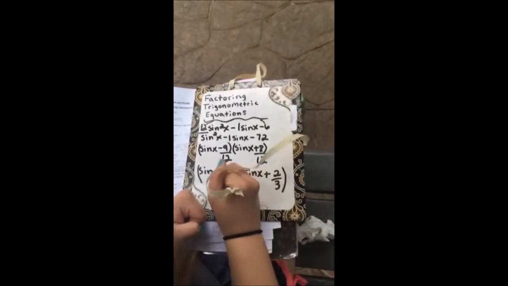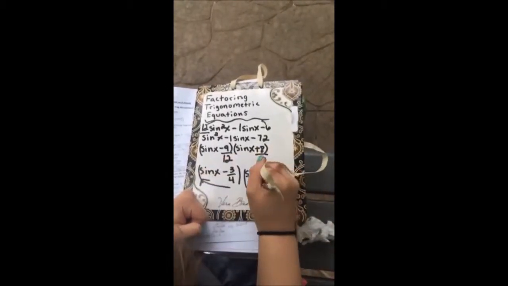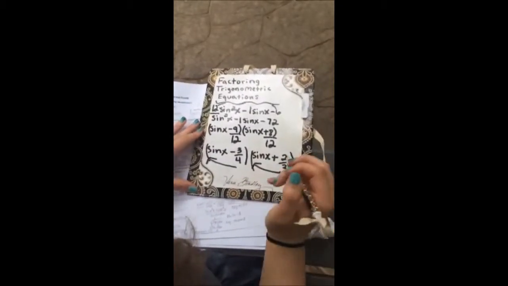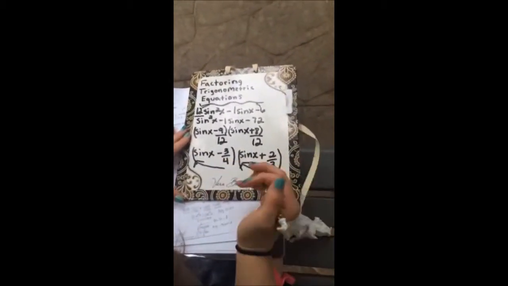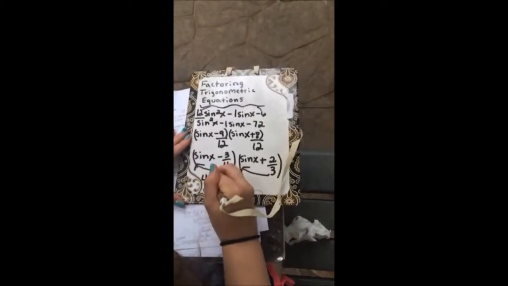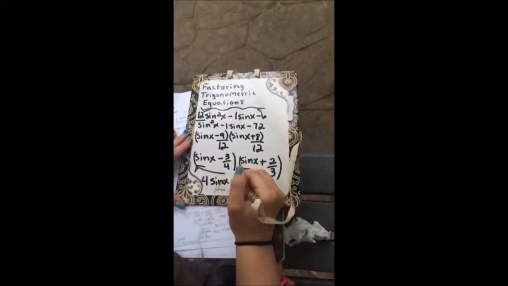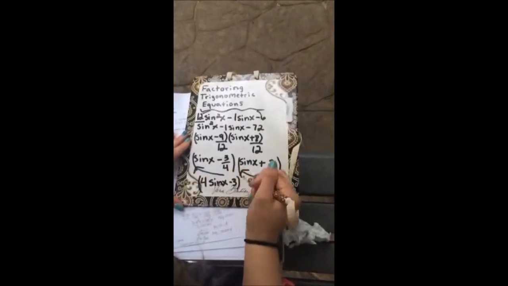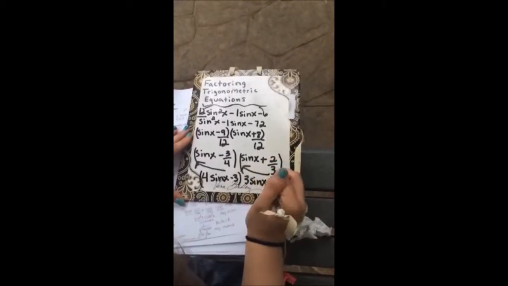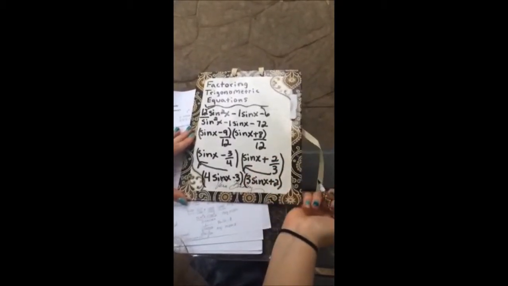And then you swing this. And then you get 4 sine x minus 3, and then you get 3 sine x plus 2, and that's your answer.